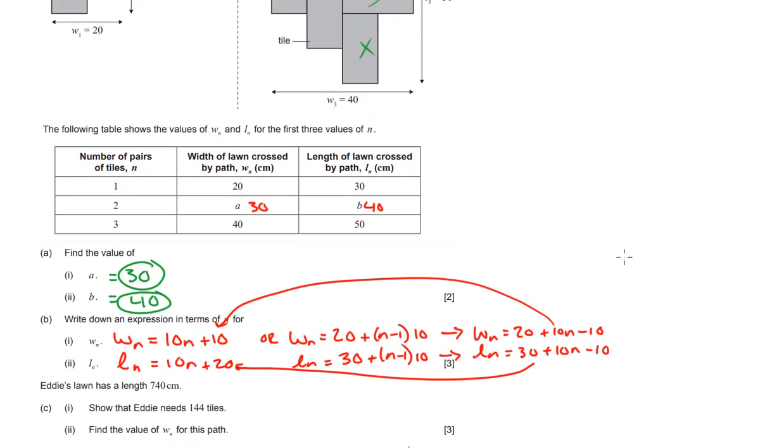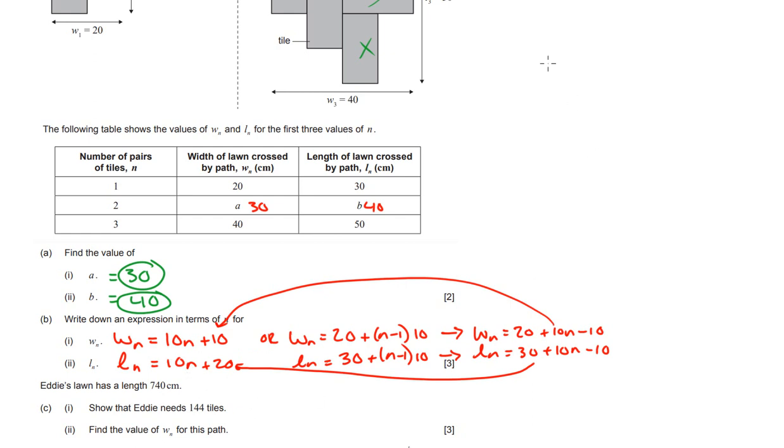So for C, we have here, show that Eddie needs 144 tiles, if Eddie's lawn has a length of 740 centimeters. So let's use our formulas here. So we've got L of n equals 10n plus 20, right?